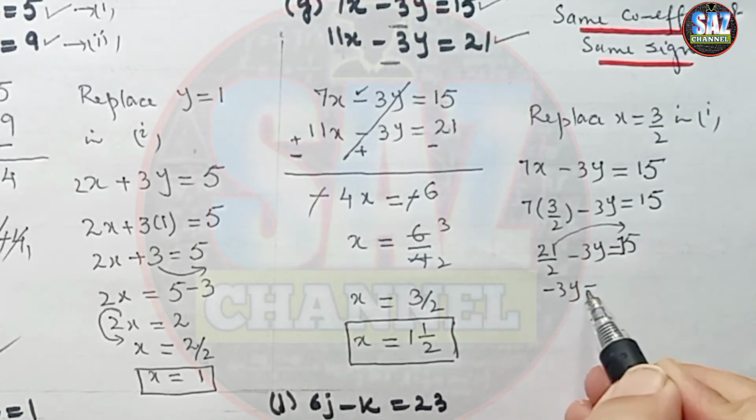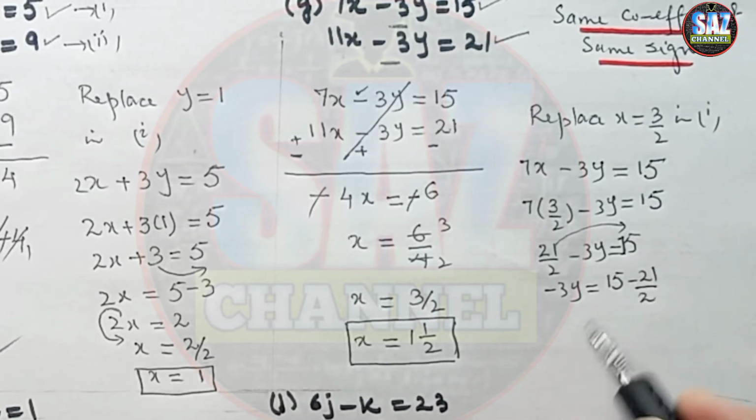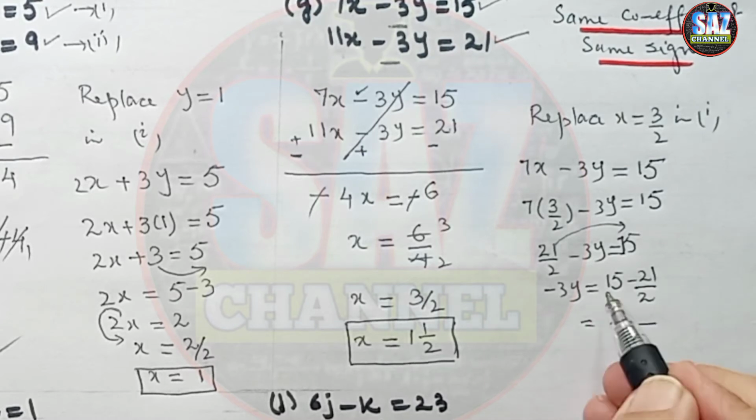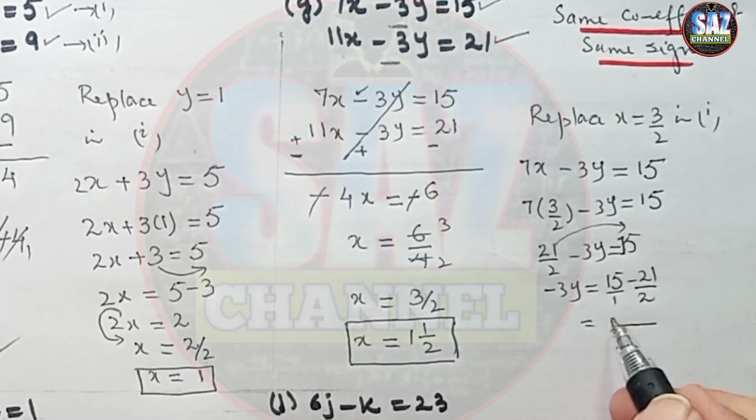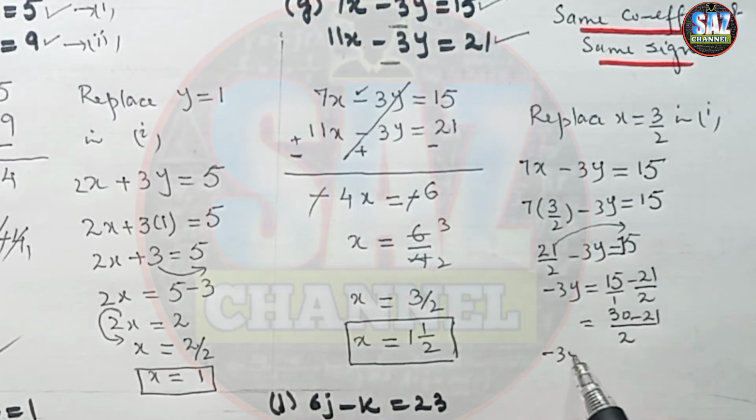Minus 3y equals 15 minus 21 by 2, and I have to take the LCM here, 2 is the LCM, 15 2s are 30 minus 21, so it will take the form minus 3y equals 9 by 2.